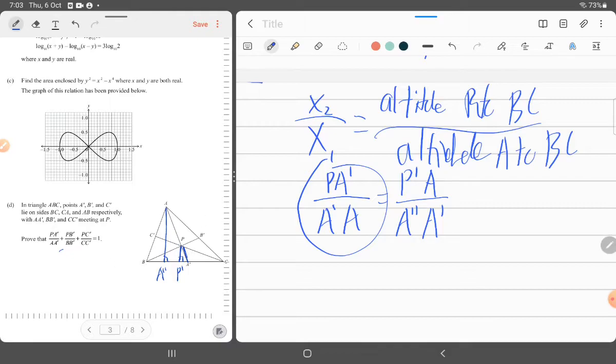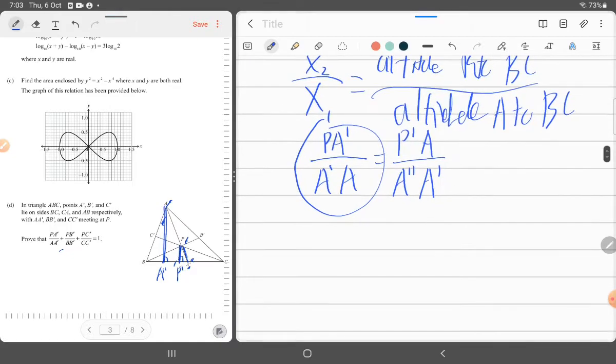Right, the altitude from P to BC is equivalent to this, so this is equivalent to this. So we just proved that PA dash, from here to here, over here to here is equivalent to here to here.